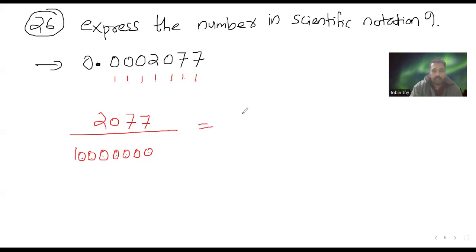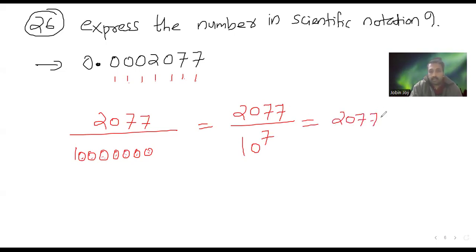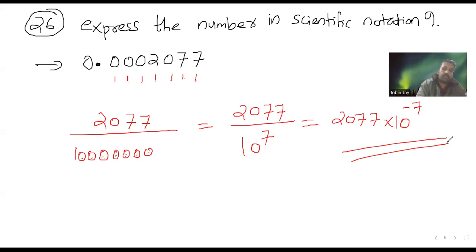So this will be equal to 2077 divided by 10 raised to 7. So this will be equal to 2077 into 10 raised to minus 7. So this is the scientific notation: 2077 into 10 raised to minus 7.